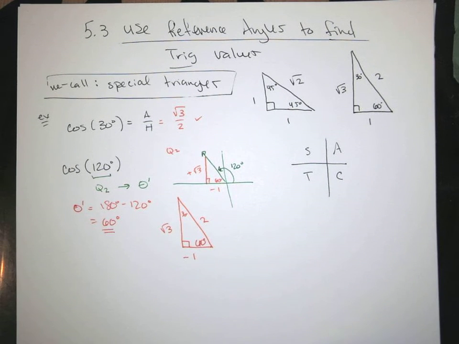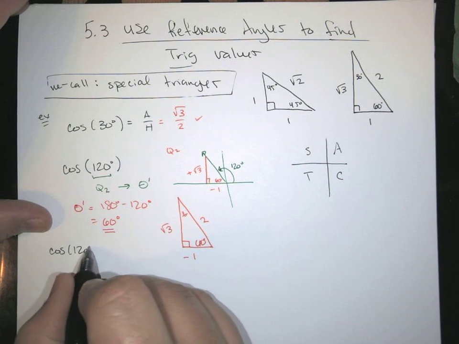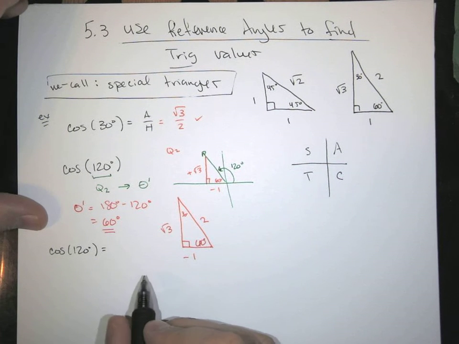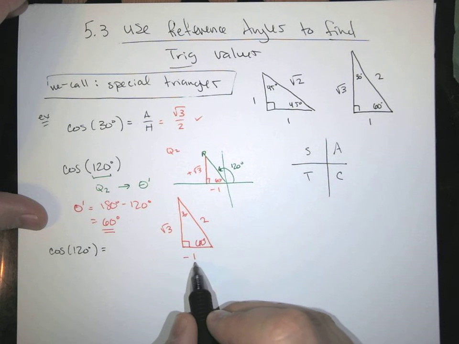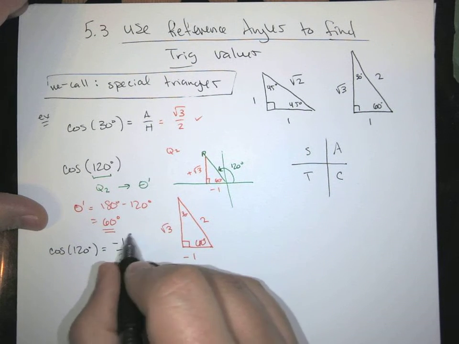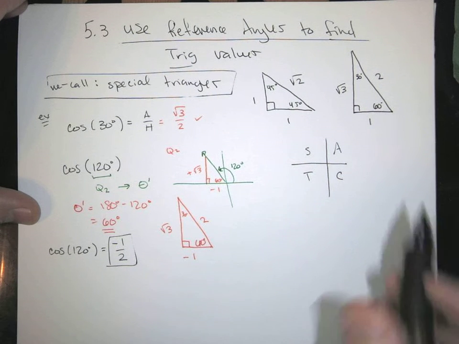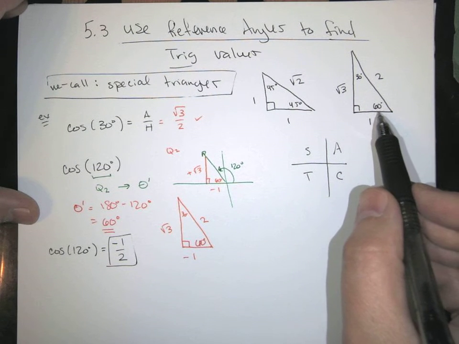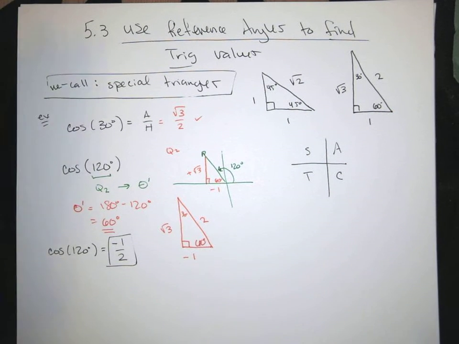So we go back to the original. Our cosine for 120 degrees should be, from this perspective, the adjacent, which is negative 1 over 2, negative 1/2. So the reference angle here was 60, which gets us this triangle on the position, and gets us the side lengths. From there we figure out which is positive and which is negative in that quadrant, and we can go from there.